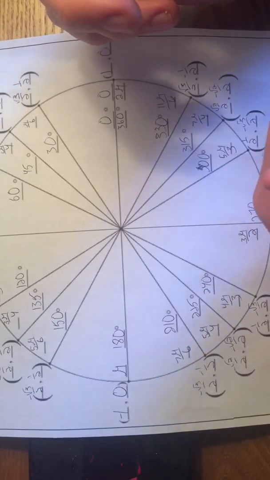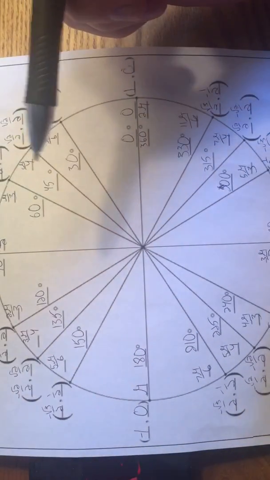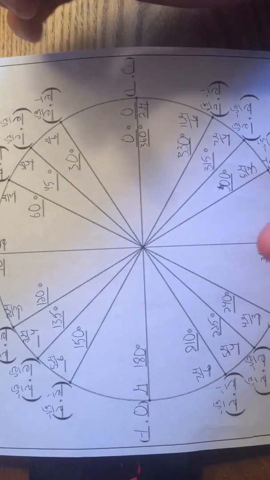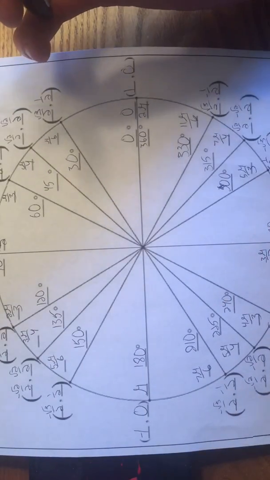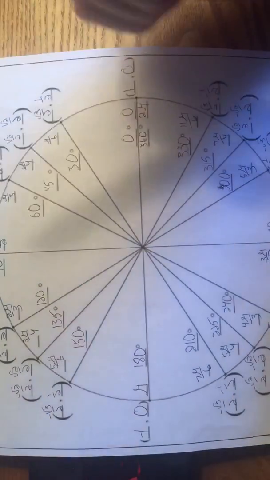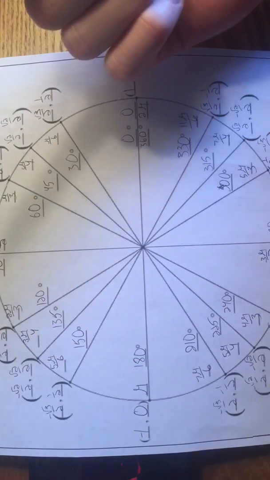Then you could use the tricks like I did with just counting the pi over 6s and counting the pi over 4s. And then really, you don't have to memorize the angles. You could just sub in a 180 for pi and then just work that out, or you could memorize the angles.